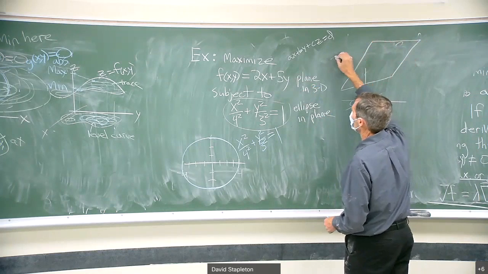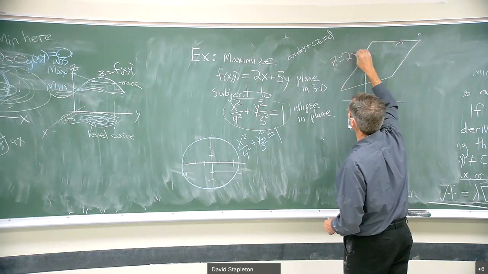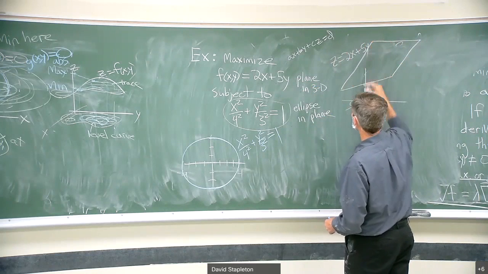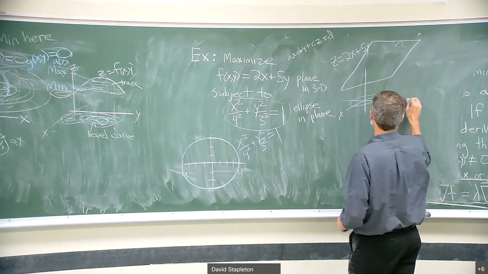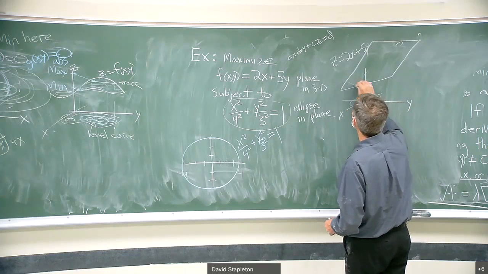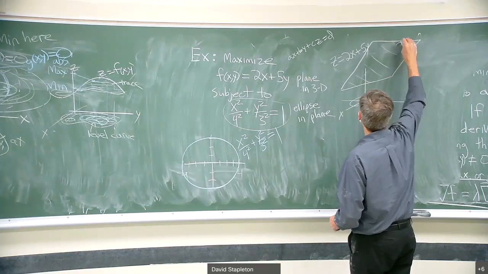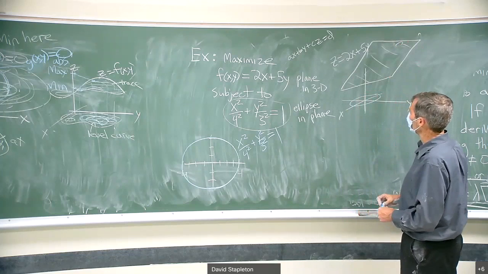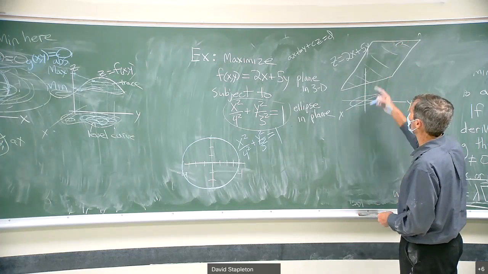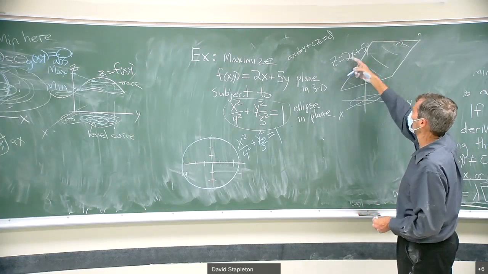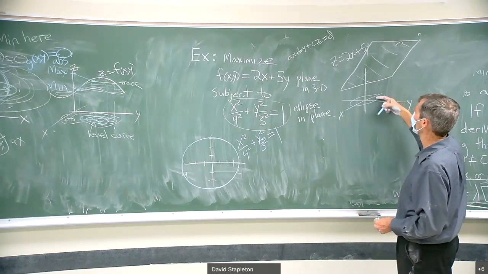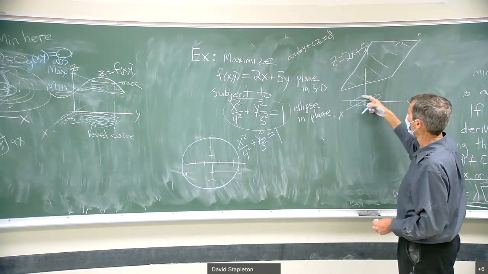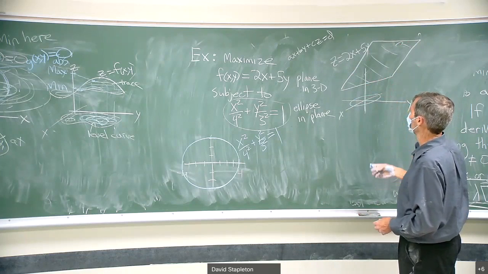Here's the plane, z equals 2x plus 5y in 3D. This is the ellipse in the xy plane in 2D. And you're asking, what's the highest altitude I get if I walk along z equals 2x plus 5y over where I'm marked on the trail map?